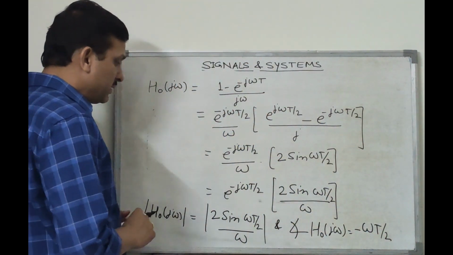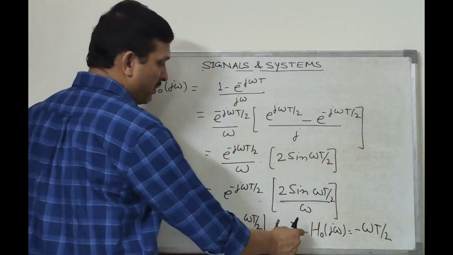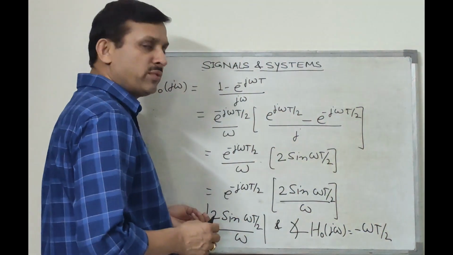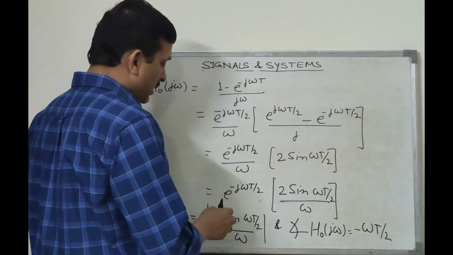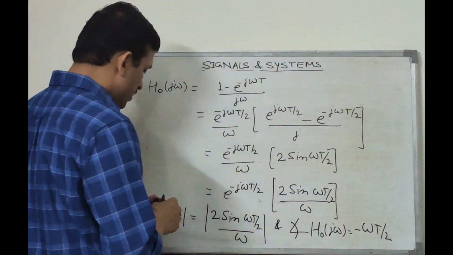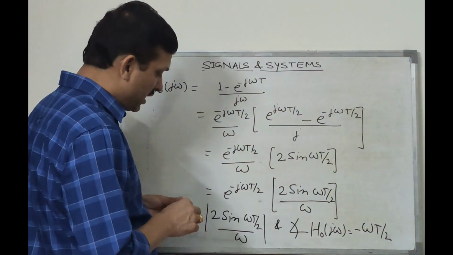These results we have seen, that magnitude is this and phase is this. We have used these in previous classes for reconstruction of sampled signal using zero order hold. So this result we have used there.